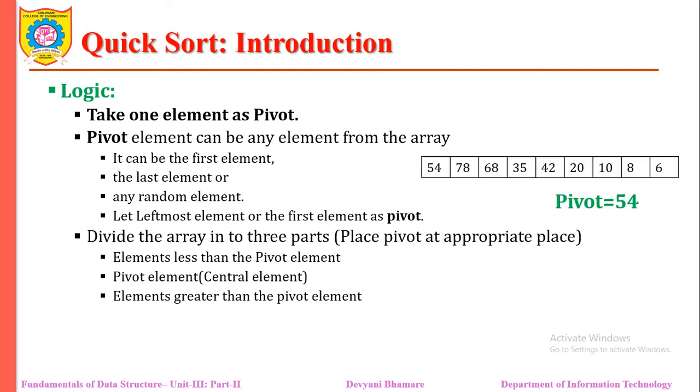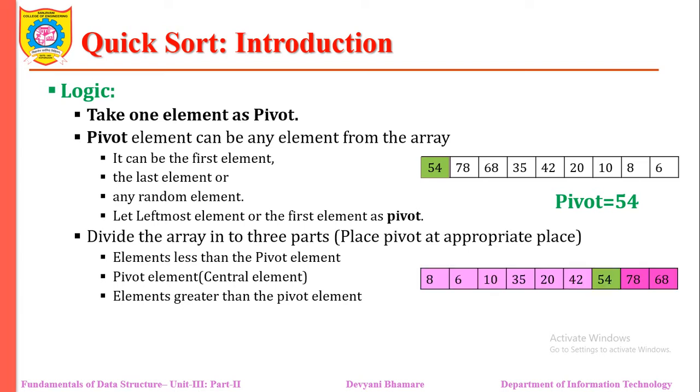If the pivot is 54, then after performing some operations, the pivot element is in its appropriate place, that is here, with all the elements less than the pivot on one side and all the elements greater than the pivot on the other. Like this, our array is divided into two sub-arrays.